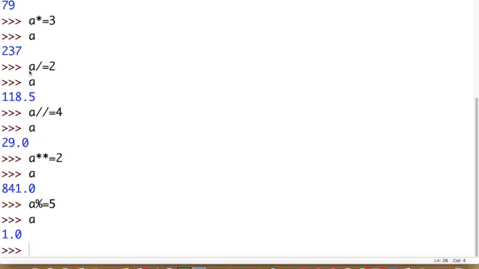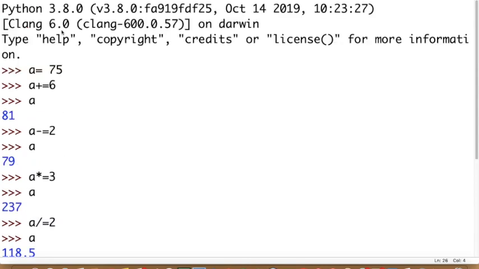The remainder of 841 divided by 5 is 1, and hence it returns the remainder, the modulo, that is 1.0. So I hope this clears your doubt about the use of these operators, and now you can use these operators in your program while writing the expression.